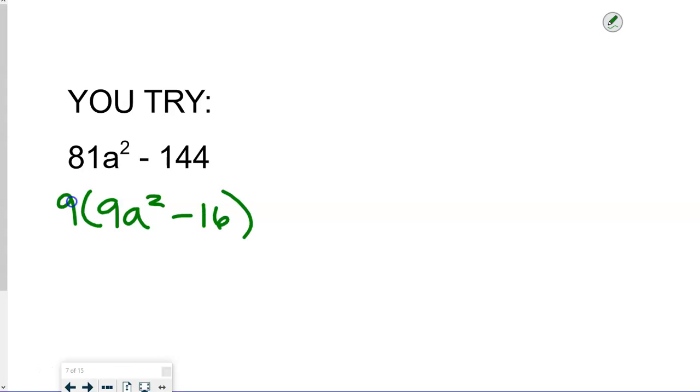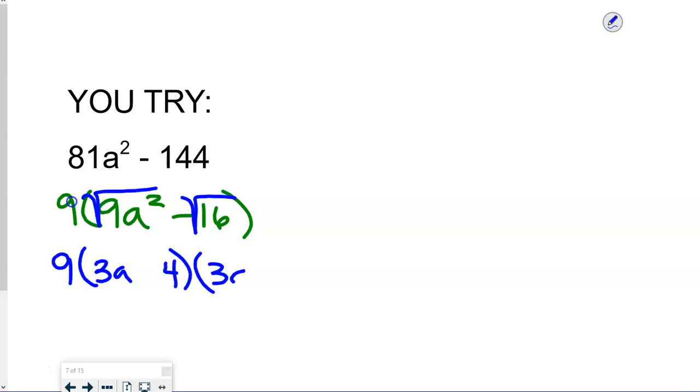Well, you should notice right now that both of these are perfect squares. So once again, we're going to take the square root of the 9a squared and the square root of the 16. So we're going to leave our 9 out here, and we're going to write 3a and 4 and 3a and 4. We're just going to put a plus and a minus. So that is 81a squared minus 144 factored completely.